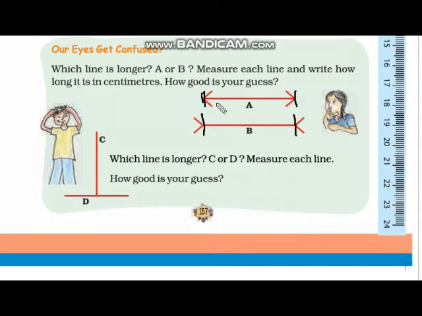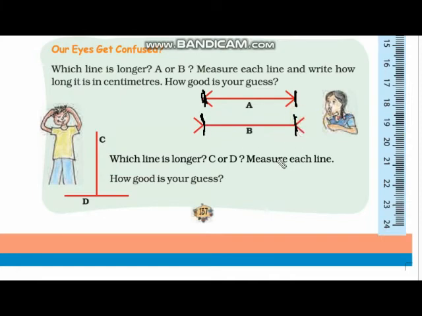Children, here you can see both lines, line A and line B. Measure each line and write how long it is in centimeters. You can measure this line with the help of a scale. You have to measure this line from this starting point here to the ending point here, and this line also starting point here and ending point here.